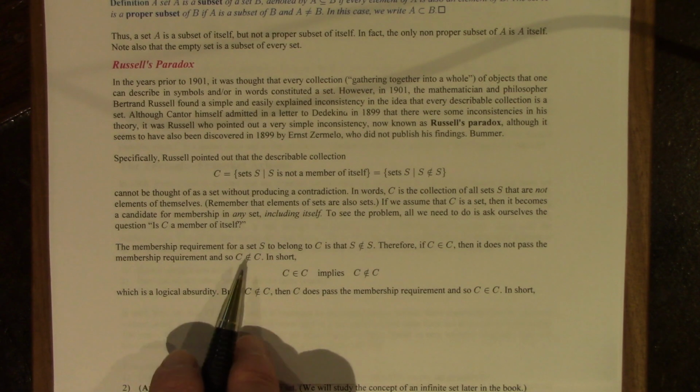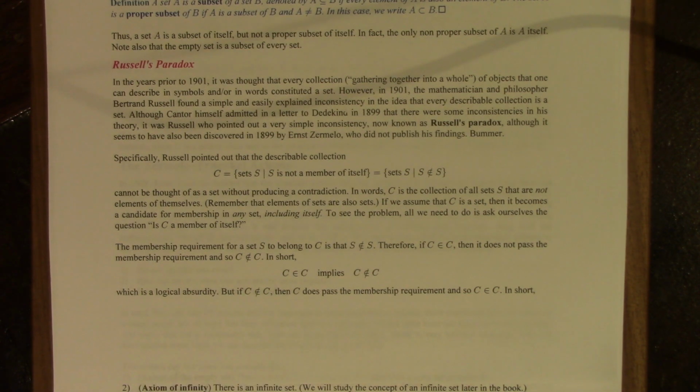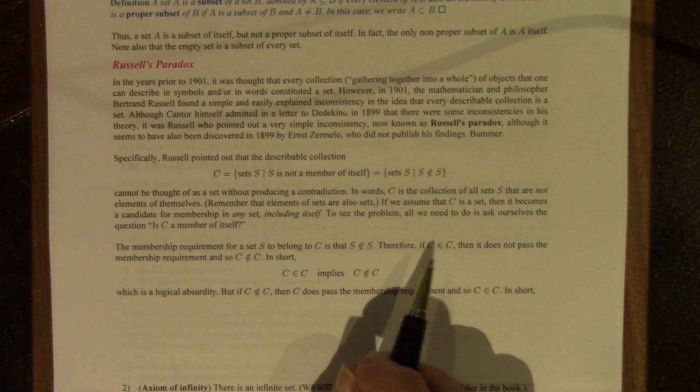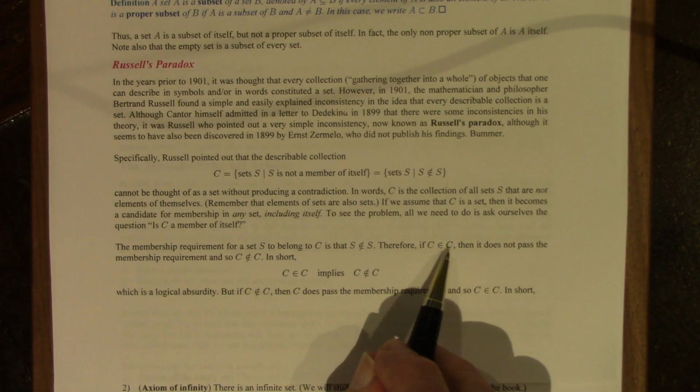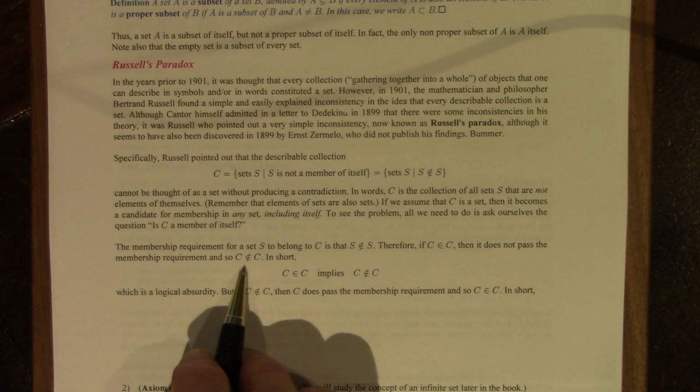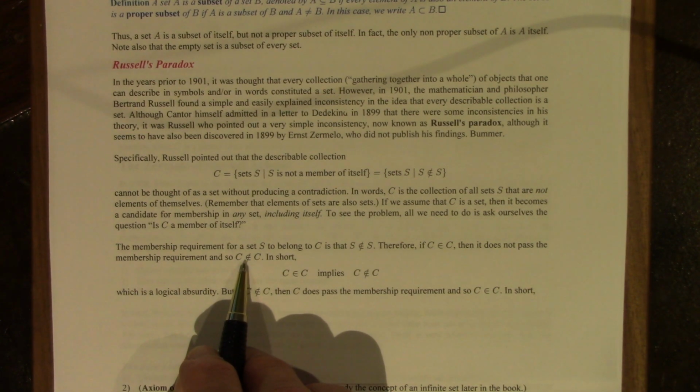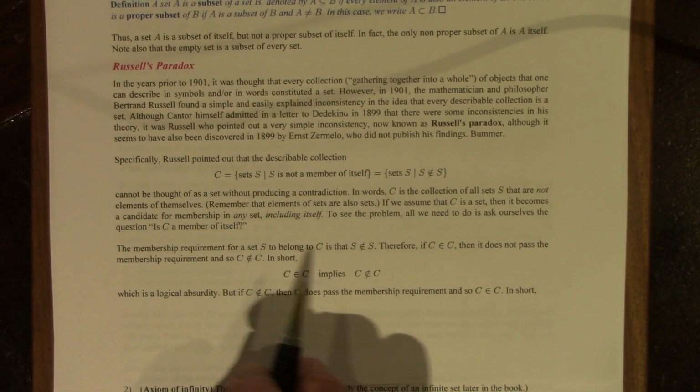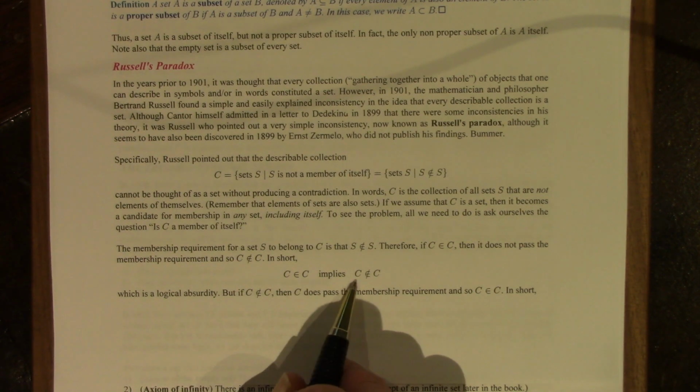The membership requirement for a set to belong to C is that the set is not a member of itself. So if C is a member of itself, it doesn't pass the membership requirement, and so it can't be a member of itself. In other words, if C is in C, then C is not in C.